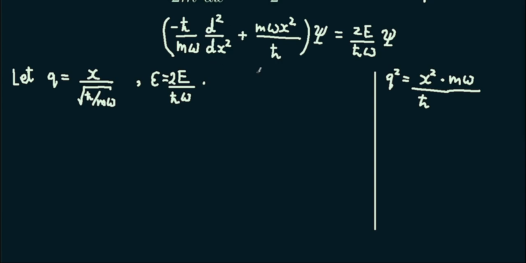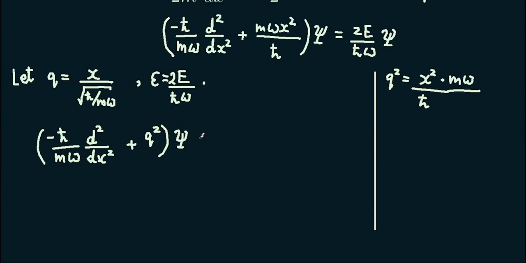So we will use that to rewrite our equation as minus h bar over m omega times the second derivative with respect to x plus this term, which we'll write as q squared, and psi over there, and this is just equal to epsilon psi.